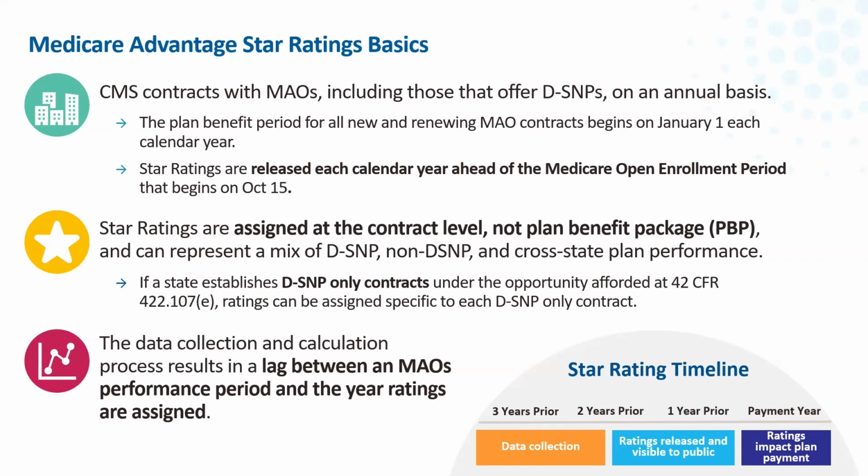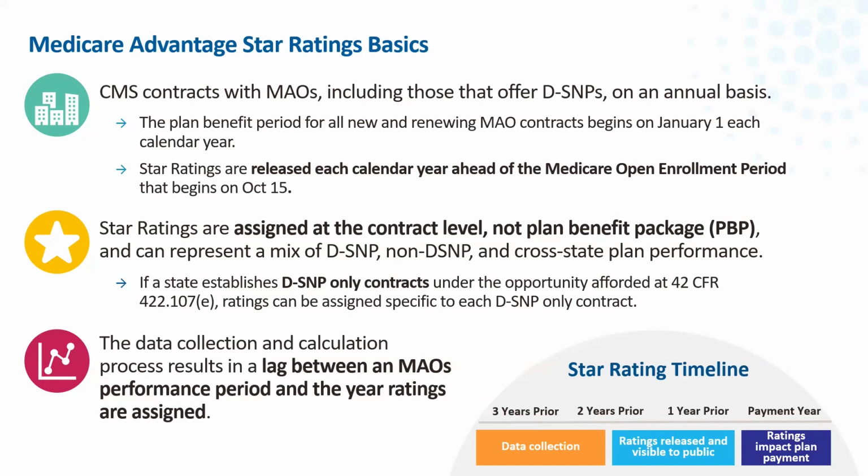This can be particularly important to both the state and state partners that are interested in understanding and improving the quality of care for those enrolled in DSNPs. States interested in learning more about this opportunity can review the DSNP-only contract requirements found at Section 422.107(e) in the Code of Federal Regulations, and they can contact CMS to review relevant sub-regulatory guidance.